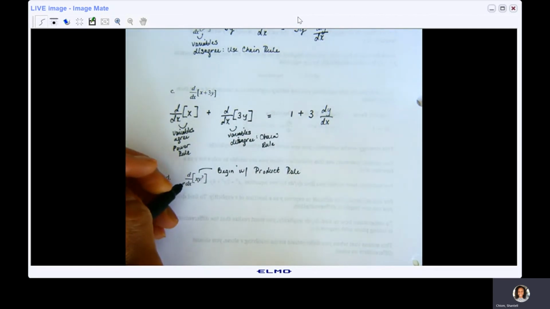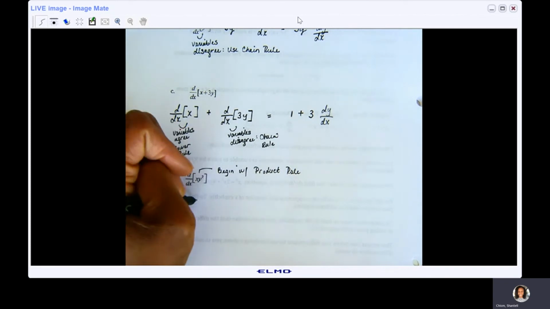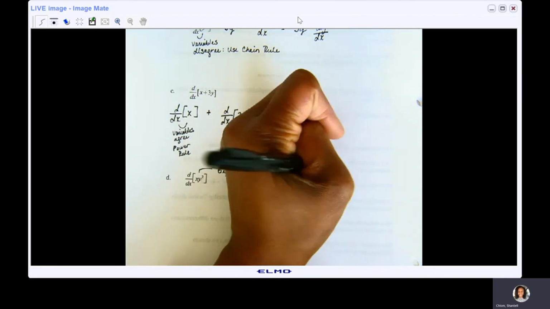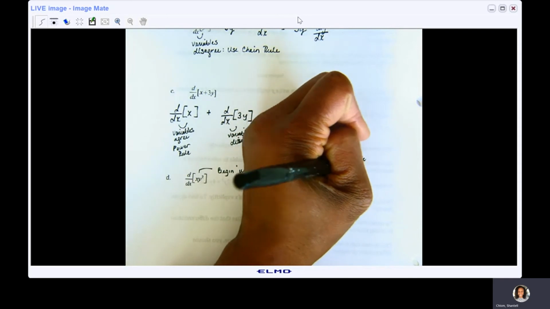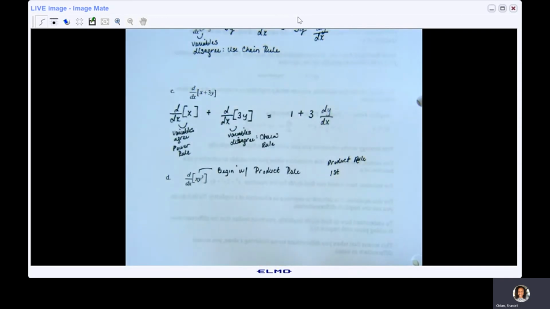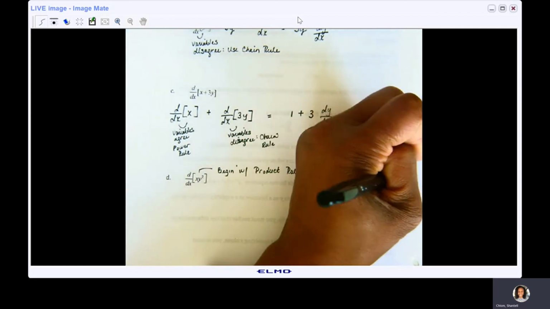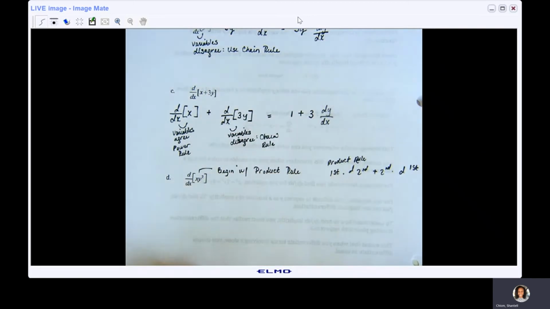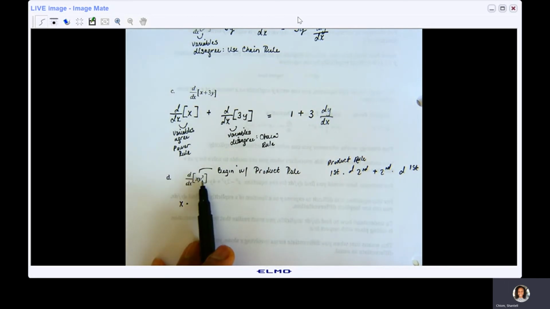So the product rule just states: first times d of second plus second times d of first, okay? So first would be x times the derivative of the second. The first term is x, the second term is y squared.